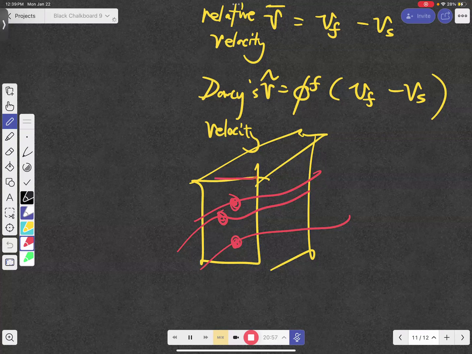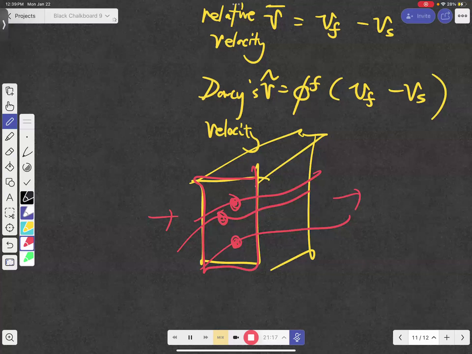So why don't I do the following: I just measure how much mass comes in and how much mass comes out. If the material is incompressible, then I would have an idea of how much mass is coming out. If I relate it through the density, I'll get the volume coming in. The volume change in time divided by the total area will give us the Darcy's velocity. Do you get what I'm saying?